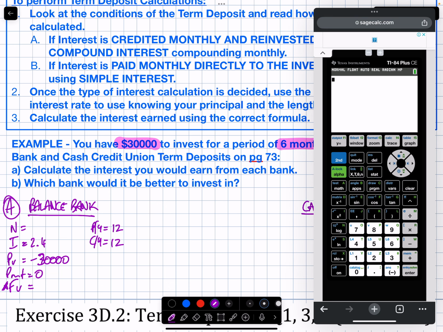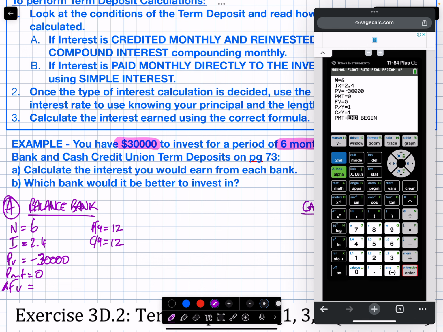So TVM, someone remind me how to access TVM Solver on the graphics calculator. Apps, Finance, Enter. N will be, if it's happening 12 times a year, monthly, and I'm only putting it away for 6 months, what's N going to be? 6. It's going to happen 6 times. 6, 2.4, negative 30,000.